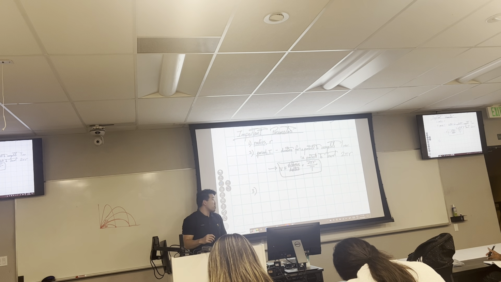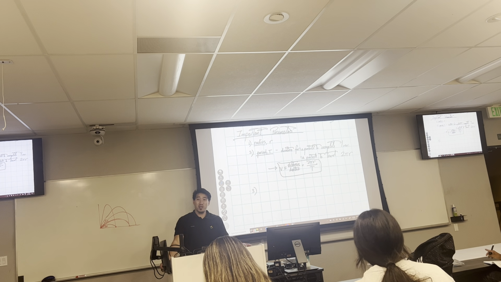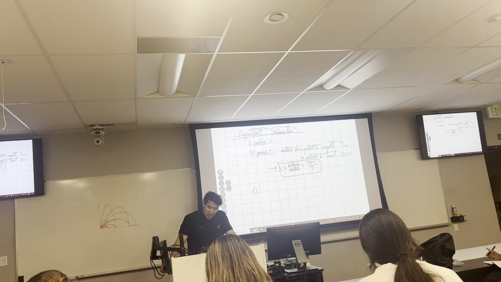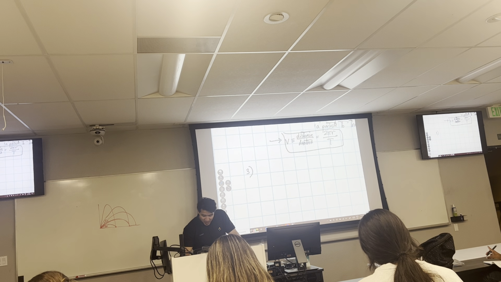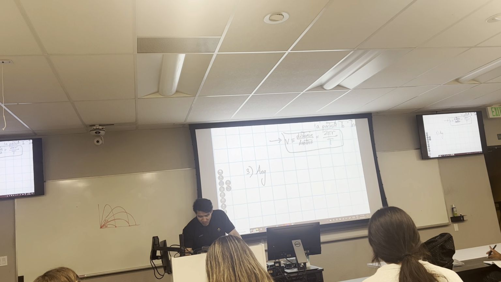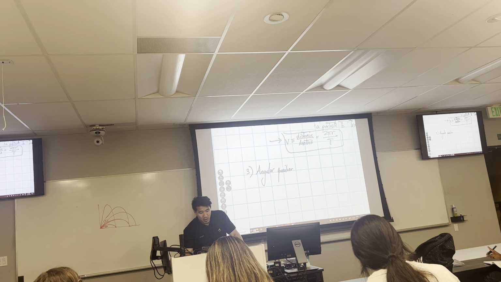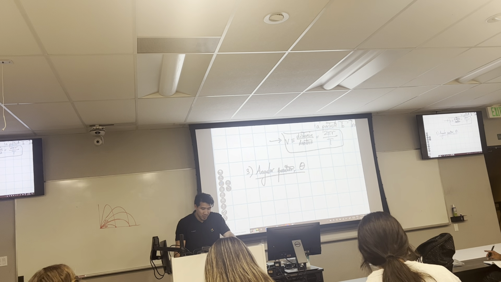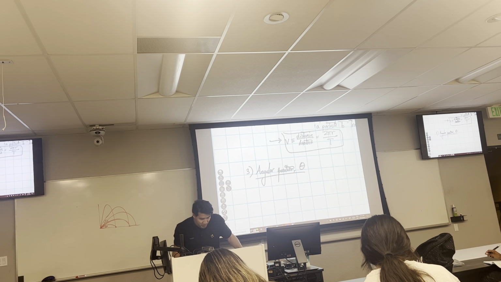So in projectile motion, for position, we used x and y. In circular motion, we're going to be using what is called angular position, and we give that the notation theta.